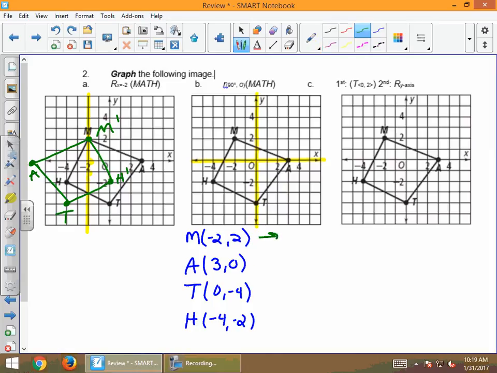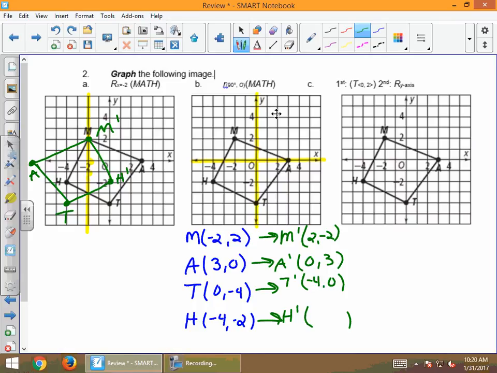Clarify for you. Okay. So when we do a 90-degree rotation, what happens to the point? Flips. Very good. So we're going to flip this point. Comes to -2, 0, 3, -4, 0, and -2, -4.